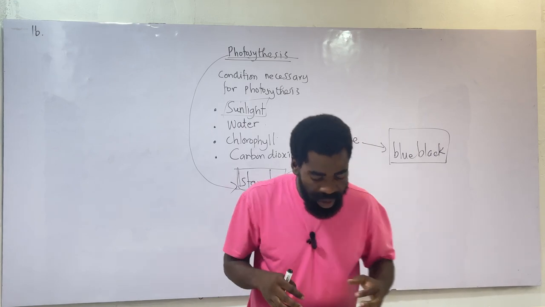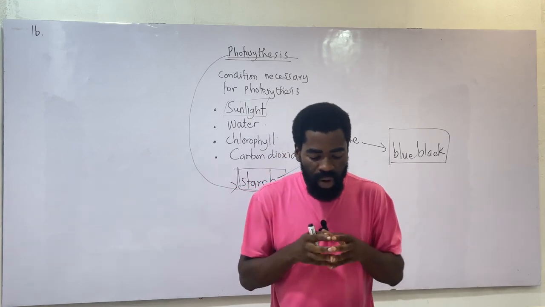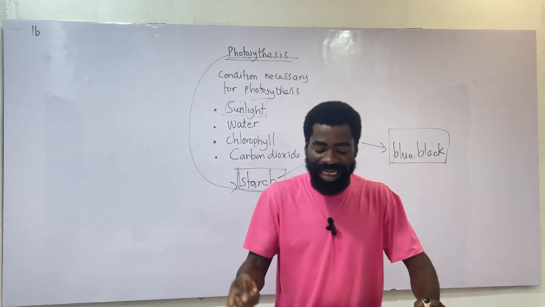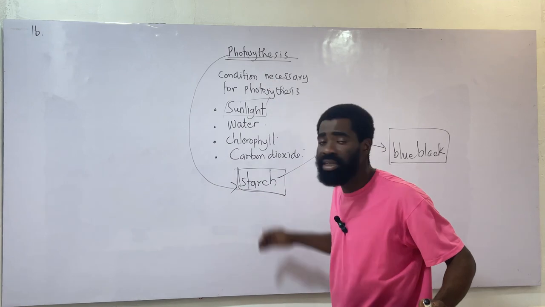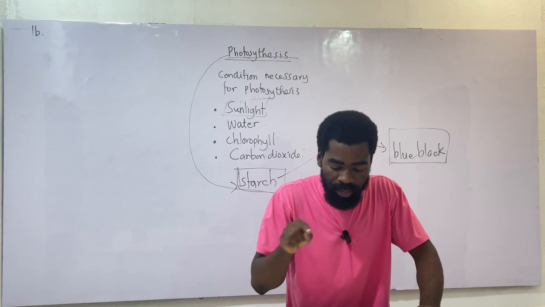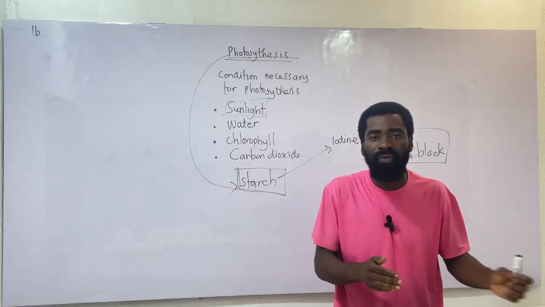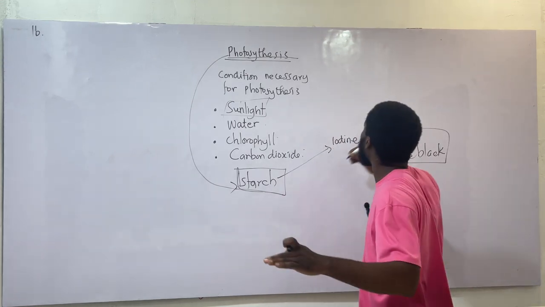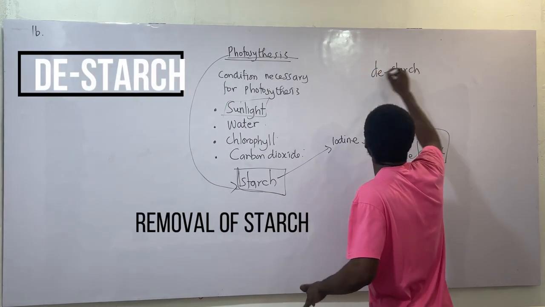Question 1b. In an experiment, the following activities were carried out on 2 green leaves, A and B. Leaf A was taken from a plant placed in sunlight for some time. If the plant is placed in sunlight, that means all the conditions were necessary. While leaf B was taken from a plant placed in a dark cupboard for 24 hours. Once you place a plant in a dark cupboard, you dest/discharge the leaf.